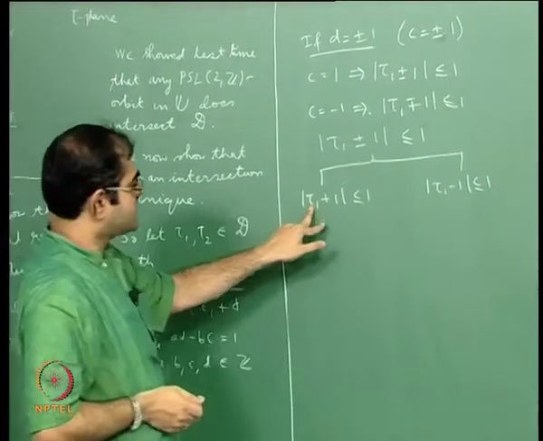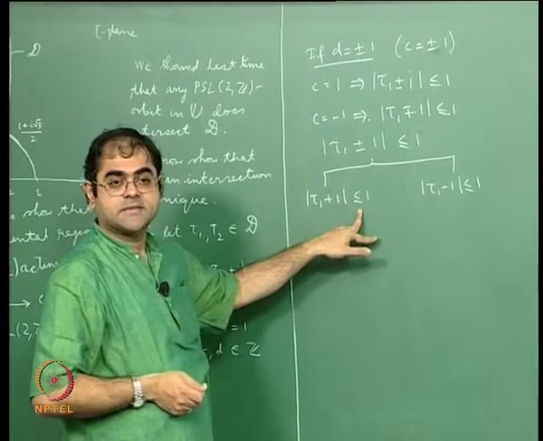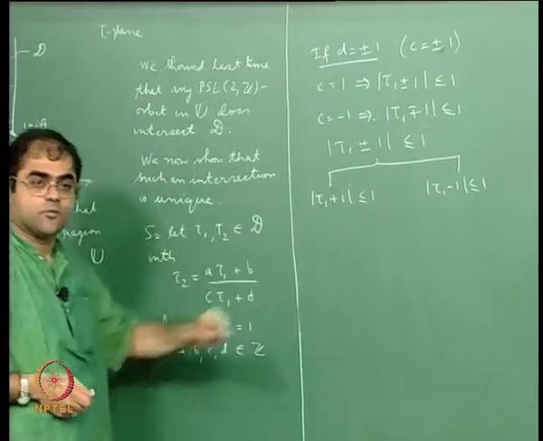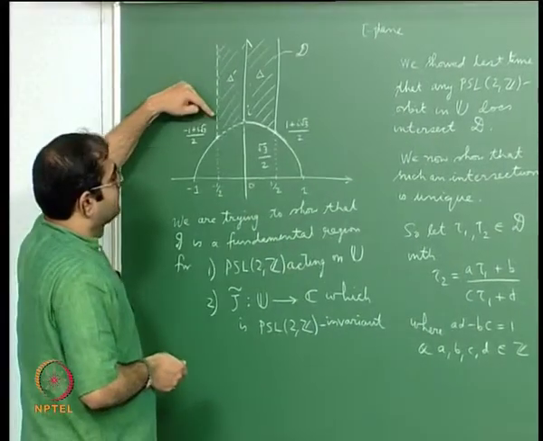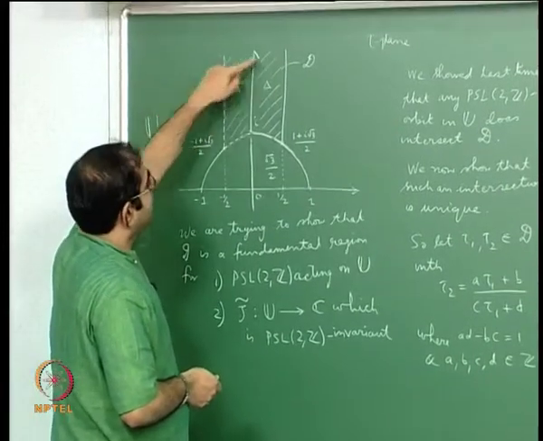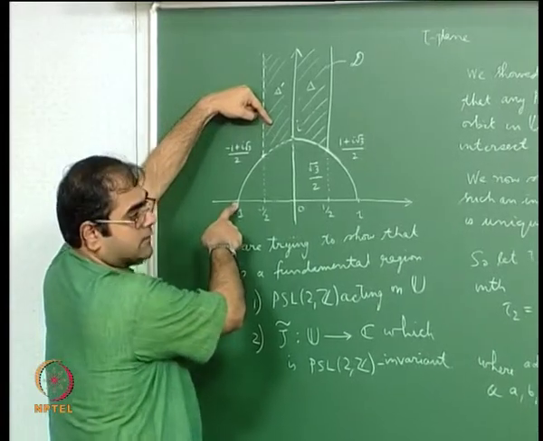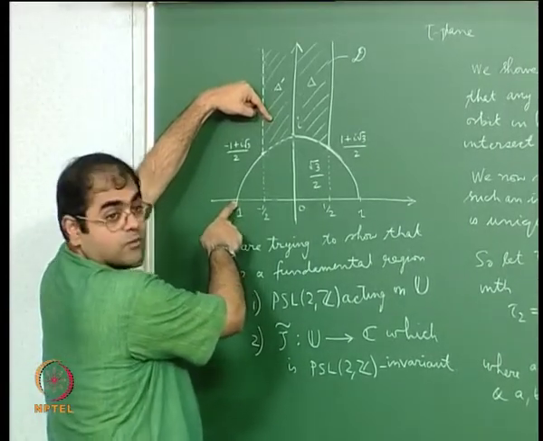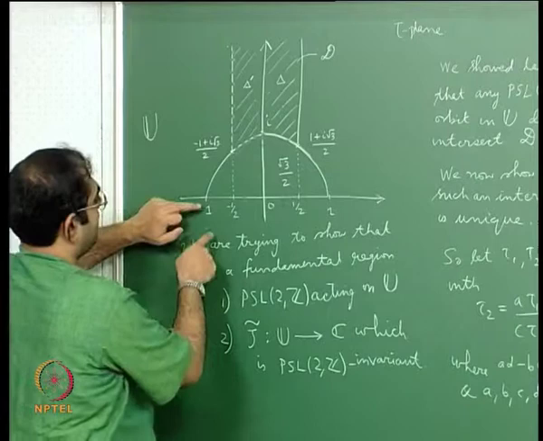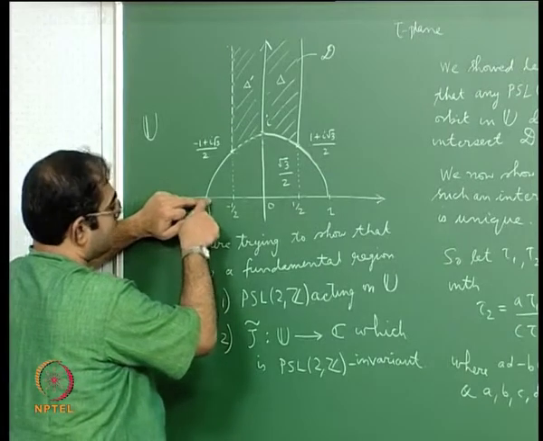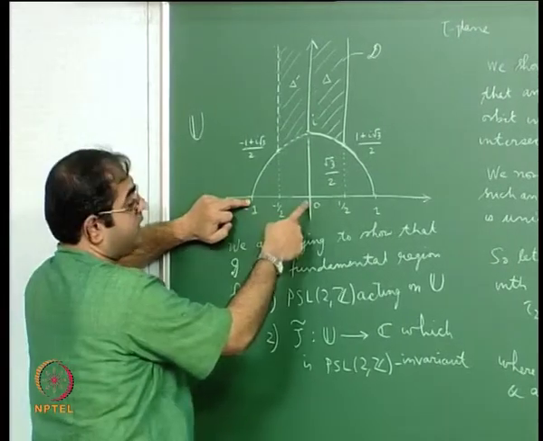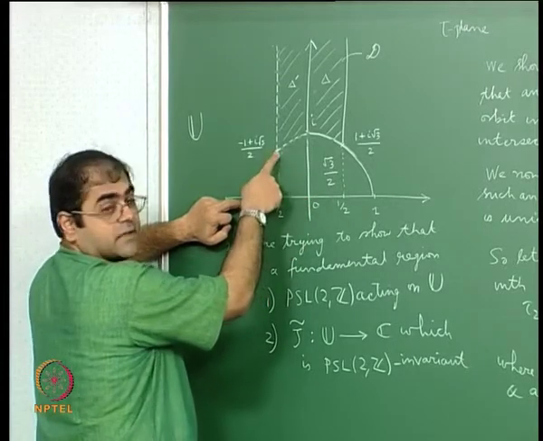Okay, so what does this tell you? This tells you distance of tau 1 from minus 1 is less than or equal to 1, is at most 1. So tau 1 is there somewhere in D, its distance from minus 1, that distance has to be less than or equal to 1. Well, of course, if I draw a circle centered at minus 1, radius 1, it will pass exactly through this.